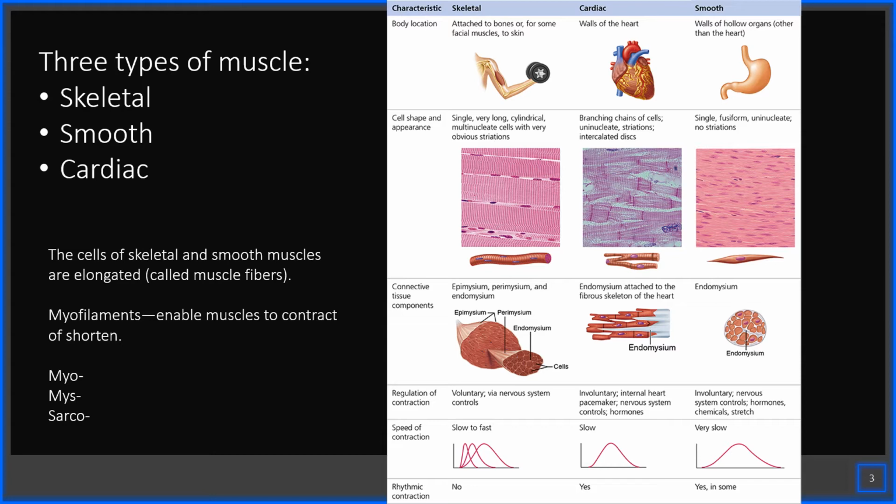Speed of contraction: for skeletal muscles, we have slow to fast, which we'll talk more about later in this chapter. Cardiac muscles are slow, smooth muscles very slow. Rhythmic contraction: skeletal muscle does not have rhythmic contraction, while heart muscle and some smooth muscle do, like your heart beating at hopefully a regular rate, so it is rhythmic.